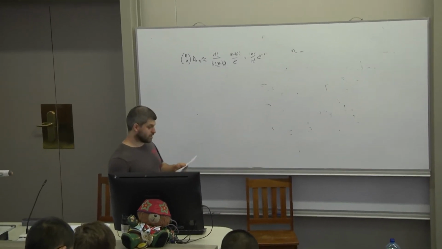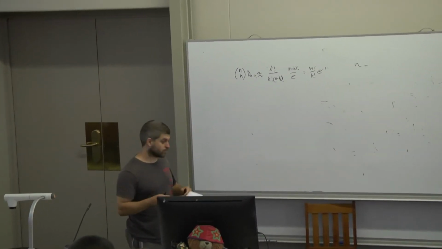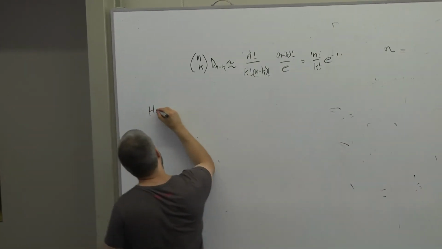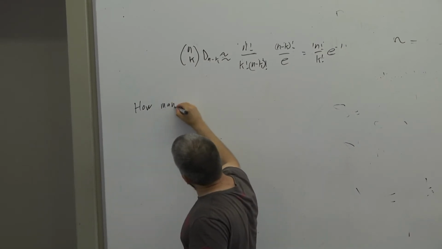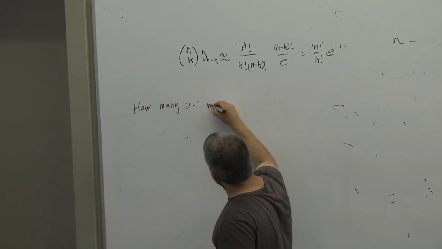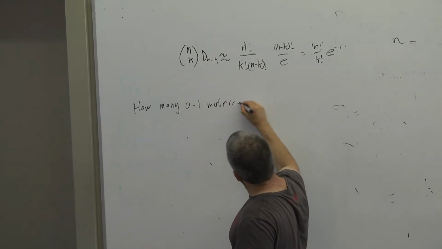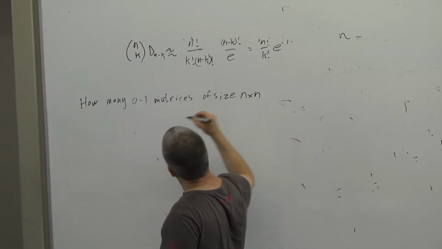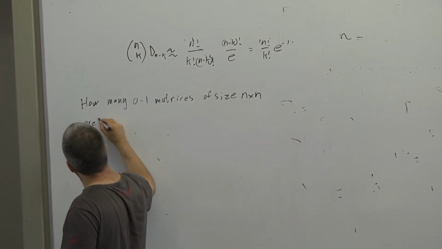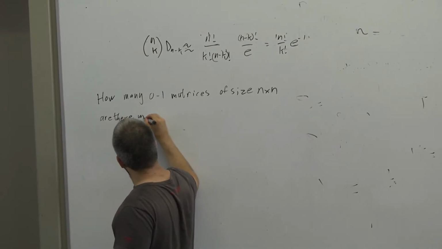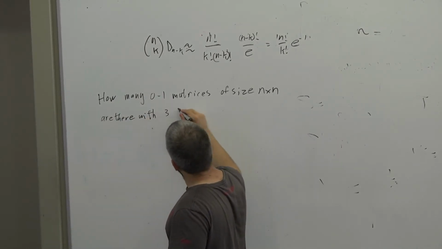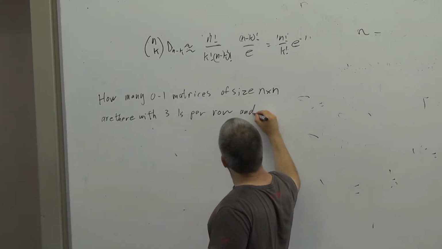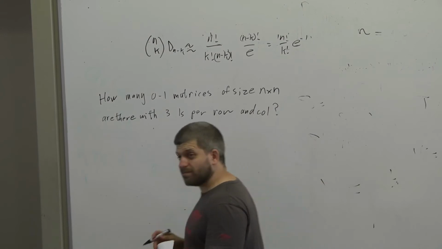Okay, so here's another question. How many 0-1 matrices of size n by n are there with, you guys understand the question?